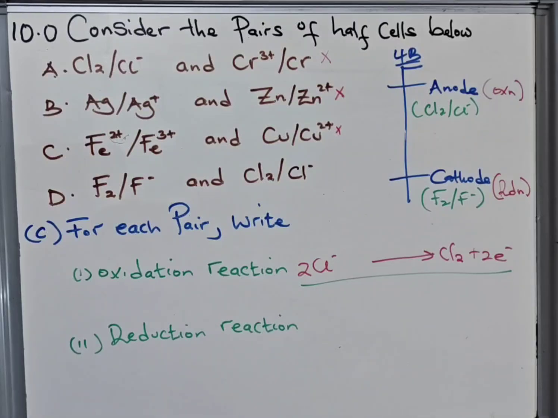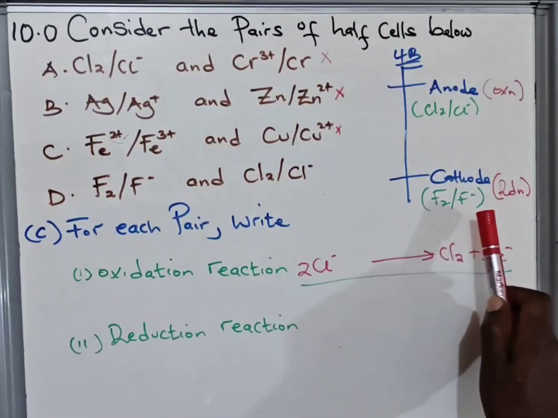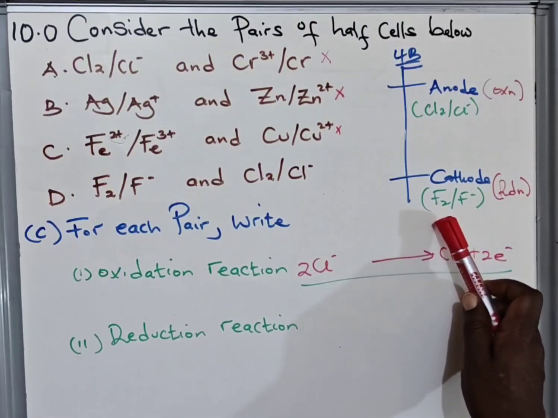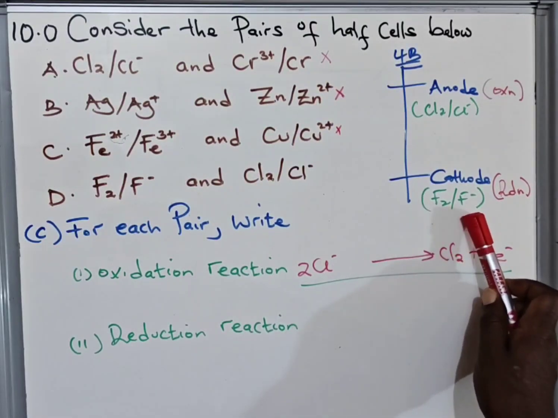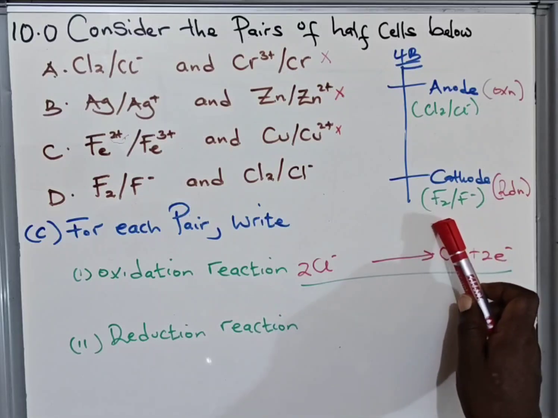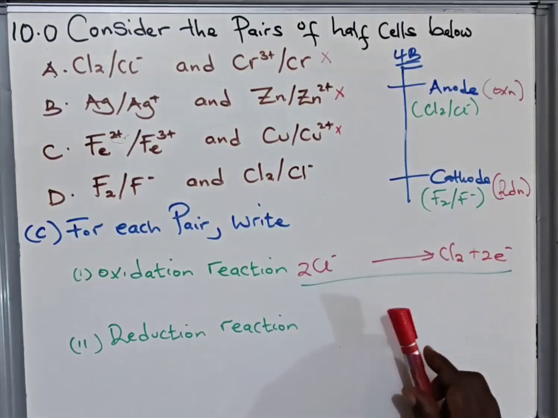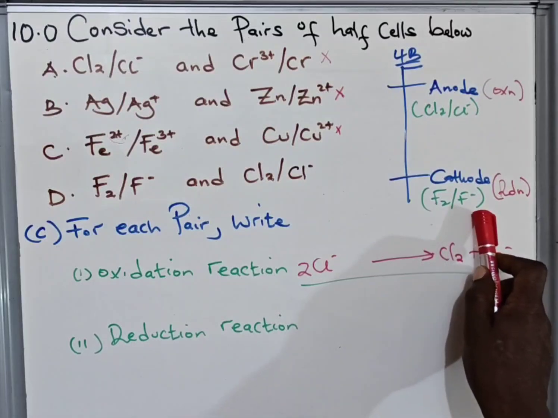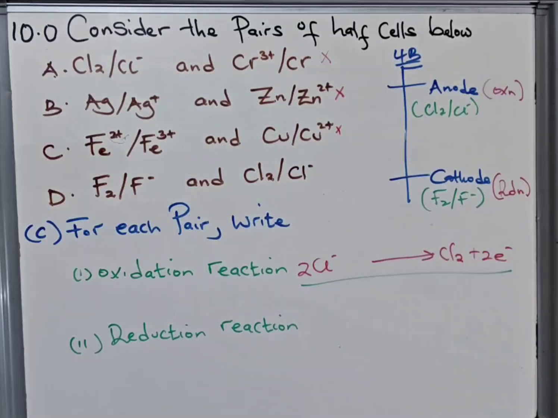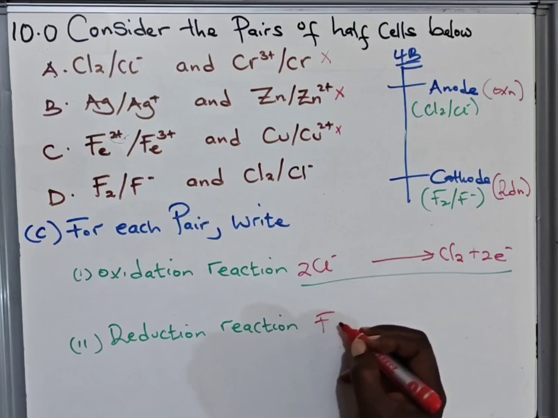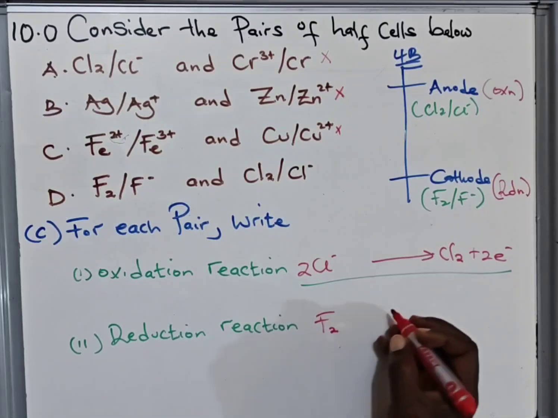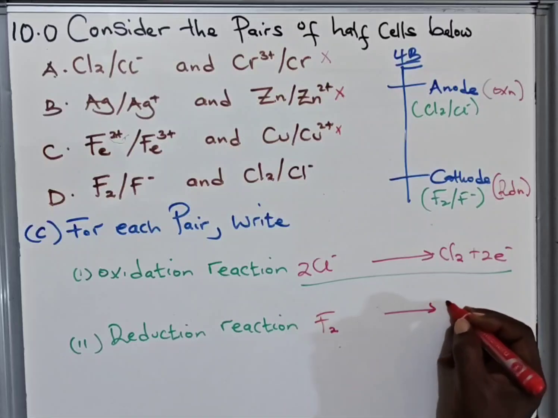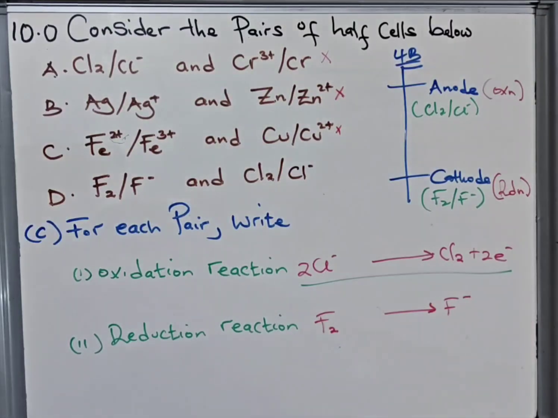You need to know that this is 0, this is negative. So reduction, is it from 0 to negative or negative to 0? According to the Cartesian plane, reduction is 0 to negative. That's decrease. So what are we going to have here? We are going to have fluorine gas changing into fluoride ions.